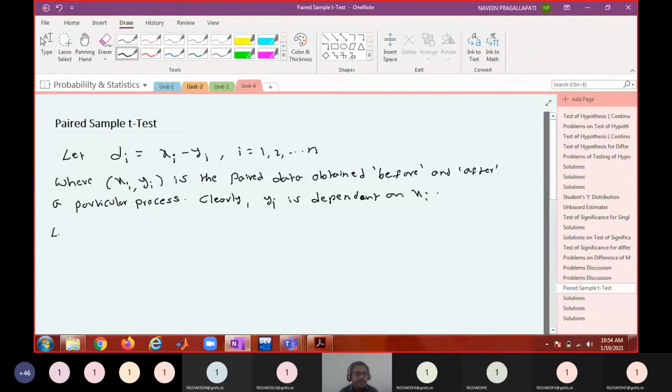So let mu equal the mean of the observed differences, or mean of the paired differences of the data.